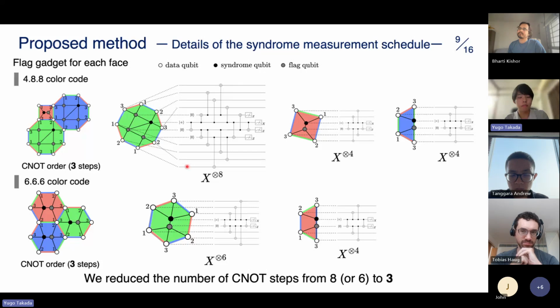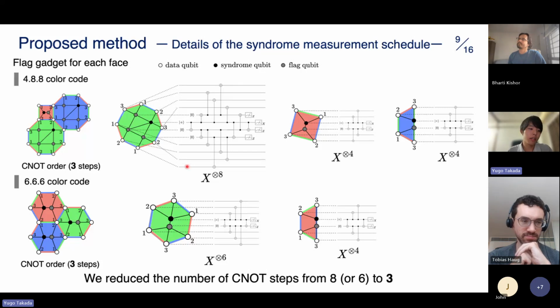But by Alexander Kubica's paper, it was shown that even in the hexagonal color code, we can implement the phase gate transversally by applying S gate to some qubits and S dagger to some qubits, which is also transversal in some sense.